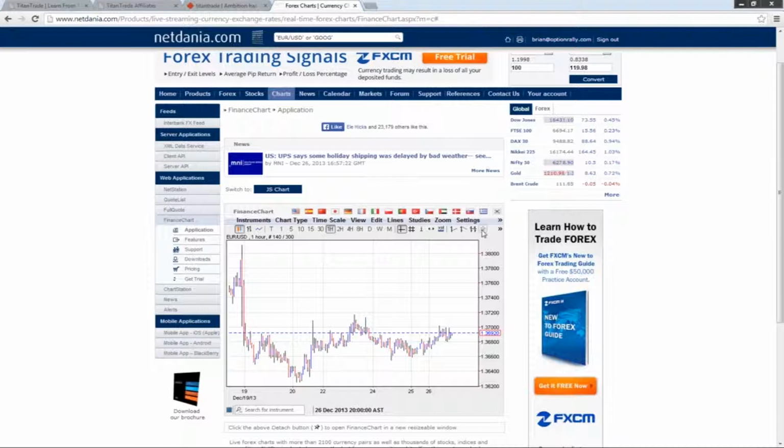It's not a support or a resistance because I'm not going to get into support and resistance right now. It's a bit technical for you. I just want to show you how to distinguish between your different types of trends: an upward trend, a downward trend, and your general moving trend as well.